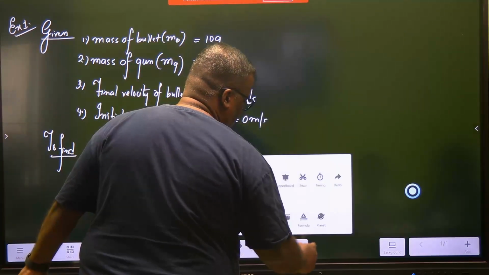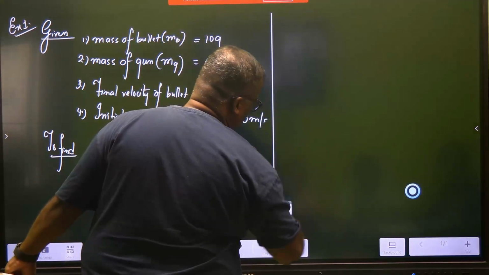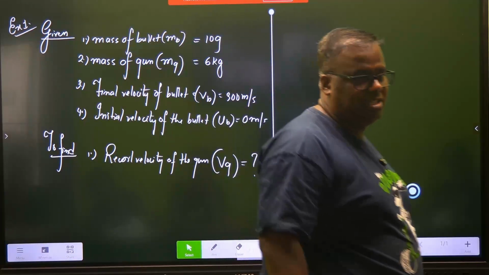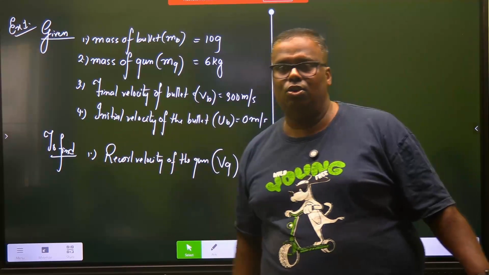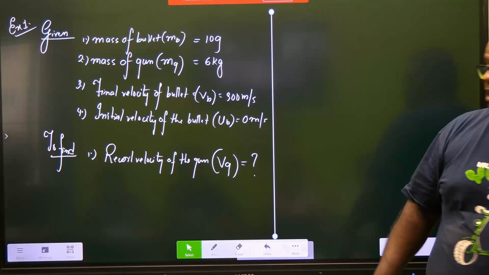So, few things which you will not write, but you will just think in your mind. What is the incident here? Firing is the incident here. Momentum of the system before firing should always be equal to momentum of the system after the incident. So what do we write here?